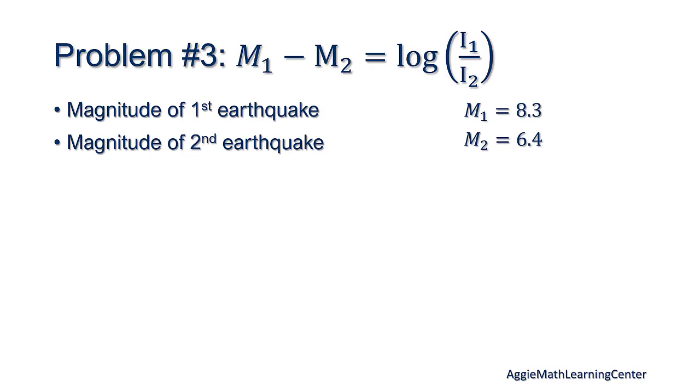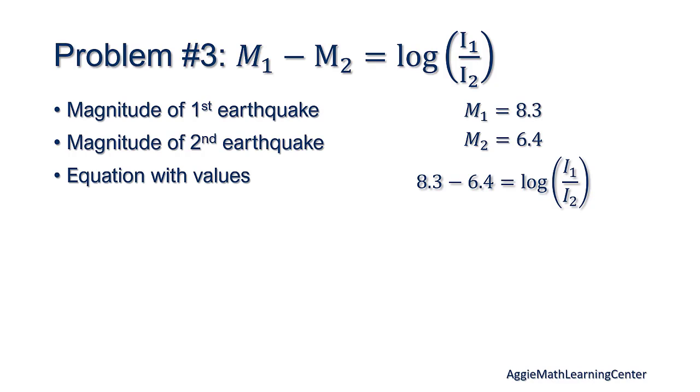We also know that the aftershock has a magnitude of 6.4, so M sub 2 equals 6.4. Therefore, we can set up our equation like 8.3 minus 6.4 equals log of I sub 1 divided by I sub 2. We are looking for the ratio of the intensities, so all we need to do is isolate I sub 1 divided by I sub 2.